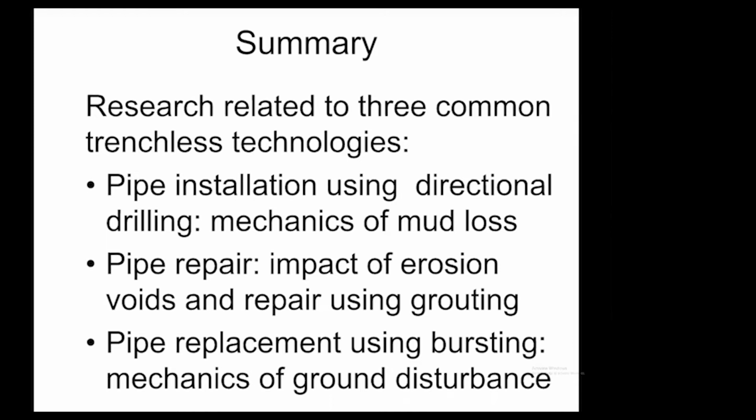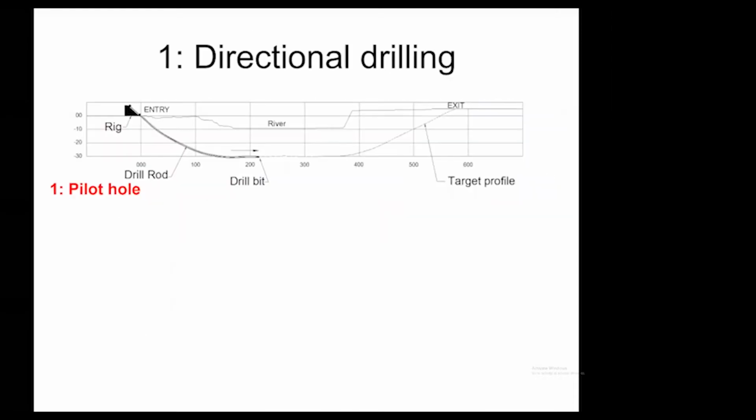And then finally, if I have time, we'll look at pipe replacement using static pipe bursting, and specifically understand the disturbance that results to the surrounding ground and the potential to break other utilities like water pipes, gas pipes, and so on as a result.